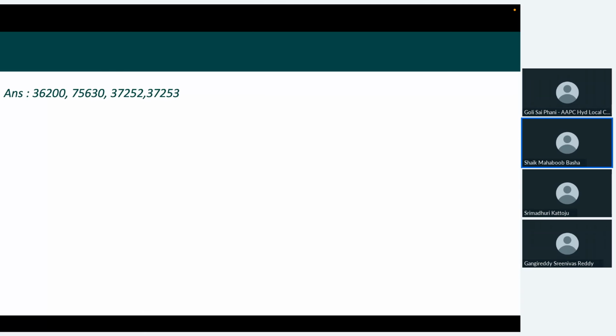So you can code 75630 only. We have only one code, 75630. Even if it is unilateral or bilateral, it doesn't matter. We can code 75630 whenever the physician performs aortography along with iliofemoral.